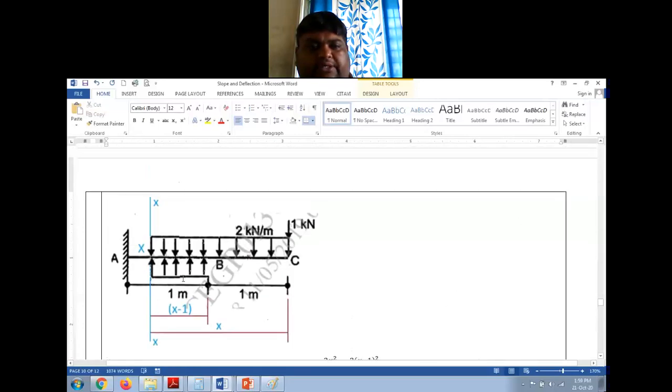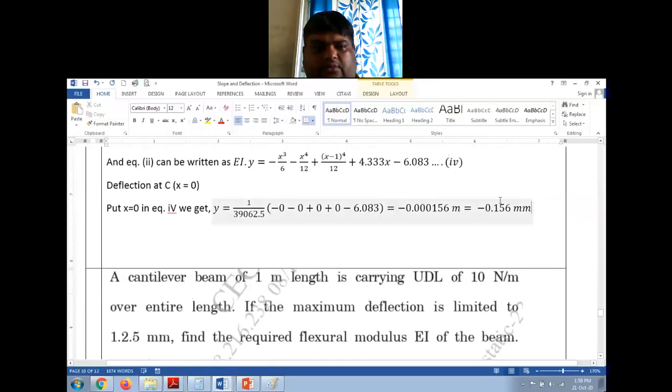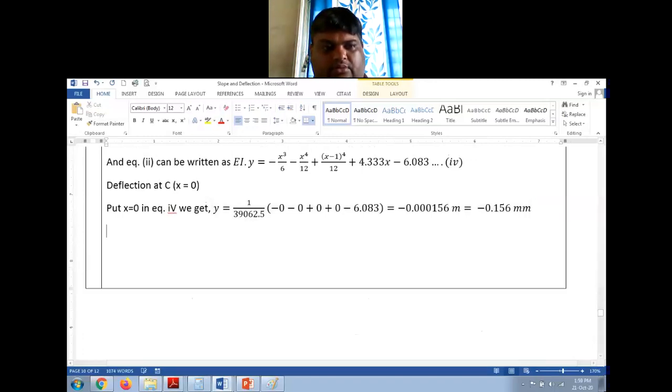Then we need to find deflection at point B. Now how to find deflection at point B? Put x as this length BC, which is 1 meter. Deflection at B, that is x equal to 1 meter.